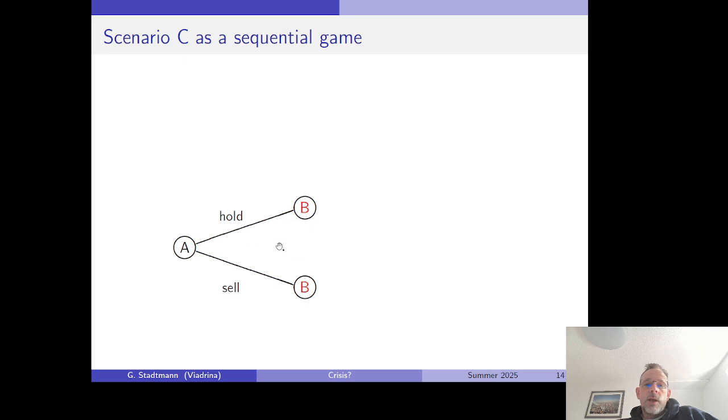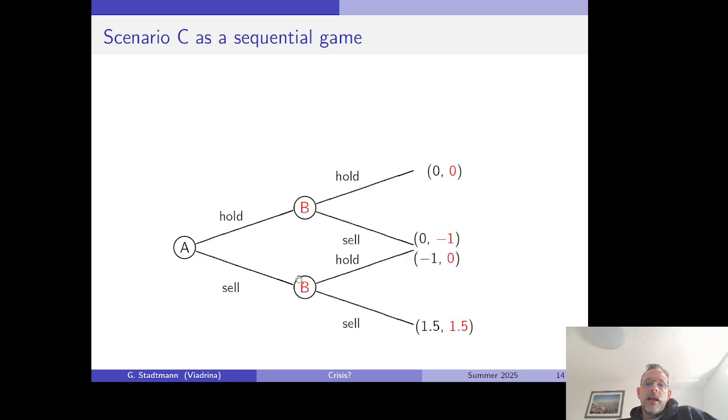Once more, we have two players, A and B. Player A is the first mover and can decide to hold or to sell. Afterwards, player B has to think about whether to hold or to sell. What is the equilibrium in this game?